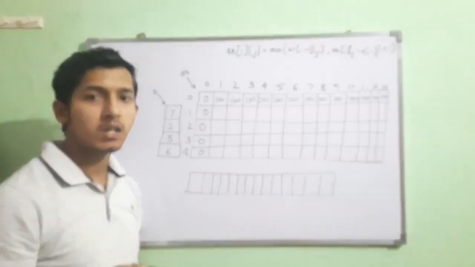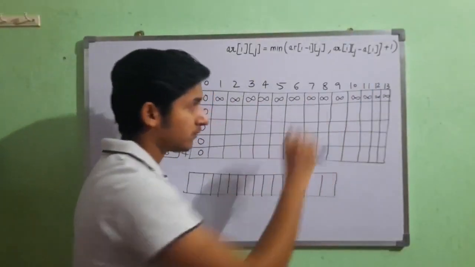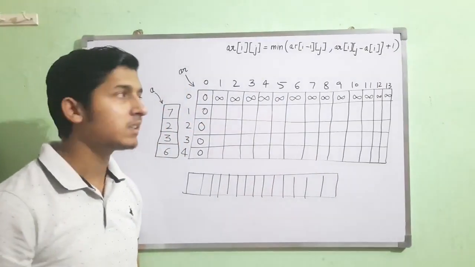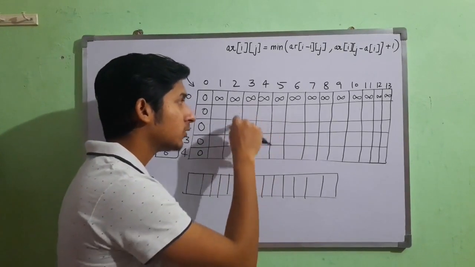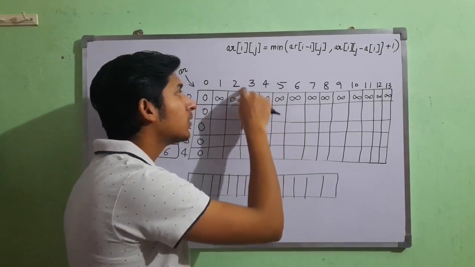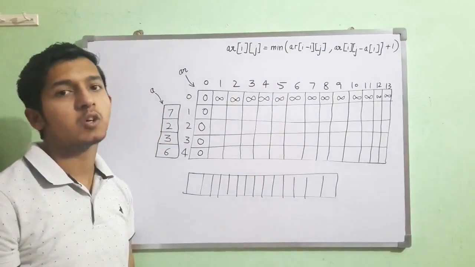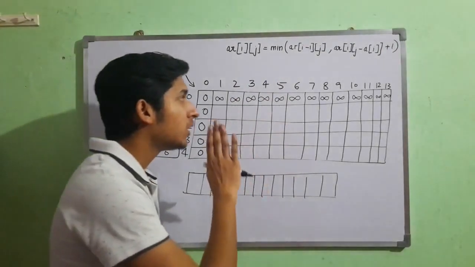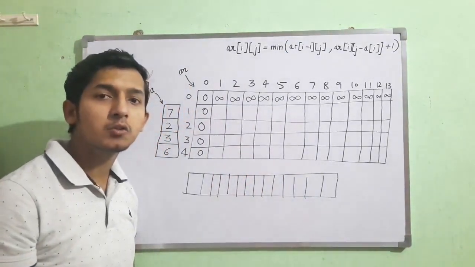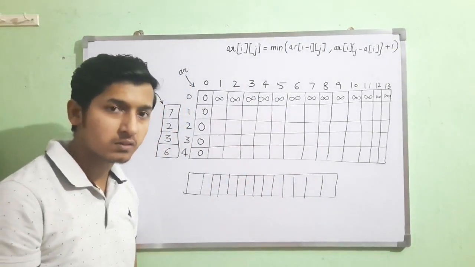So now, to understand this formula, any coin can be used for a value if that value is greater than or equal to the value of the coin. If not, then we can't use it.